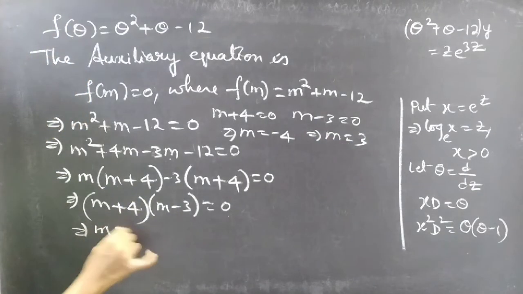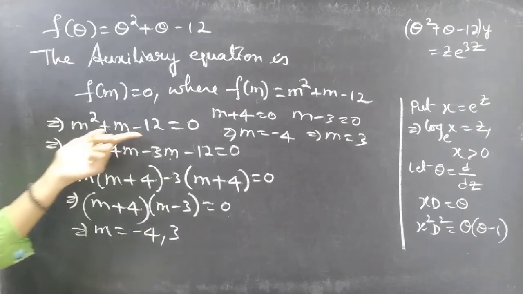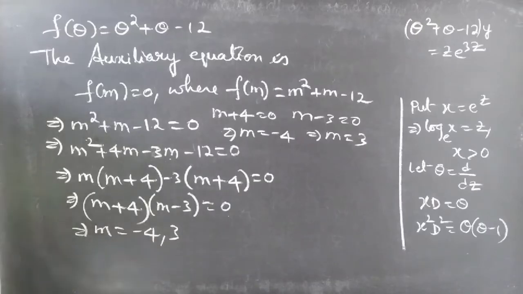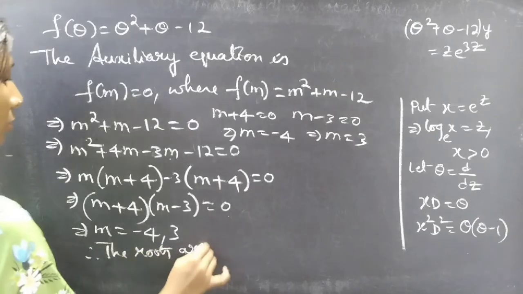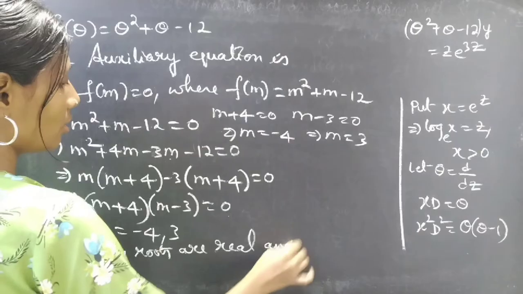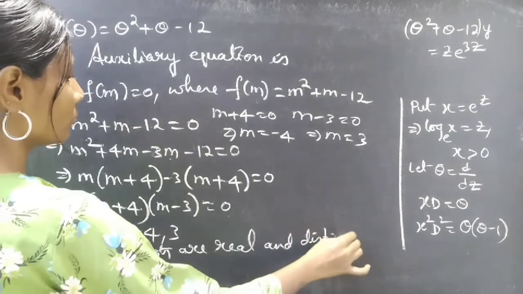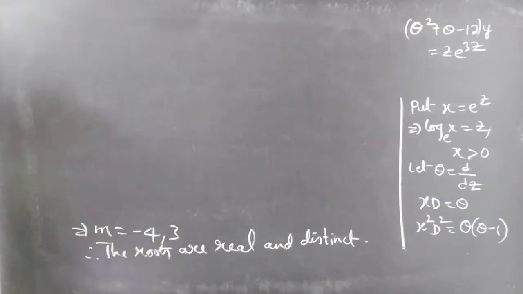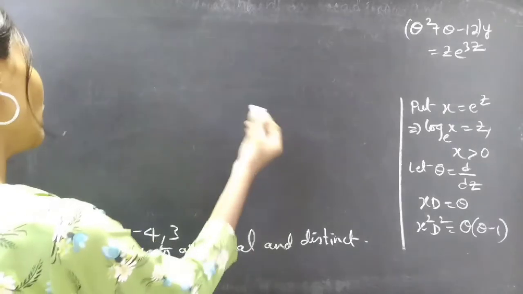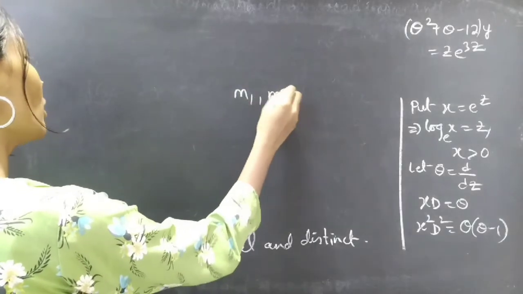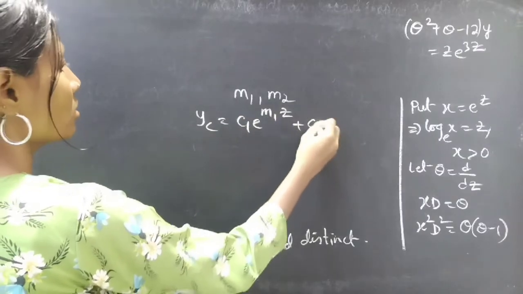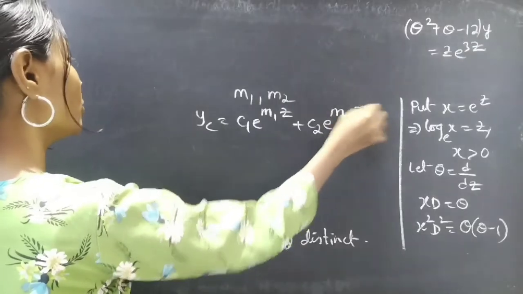Then m = -4 and 3 are the roots of our auxiliary equation. So here the roots are real and distinct. We know that when two roots m1 and m2 are real and distinct, then yc will be c1 e power m1 z plus c2 e power m2 z.